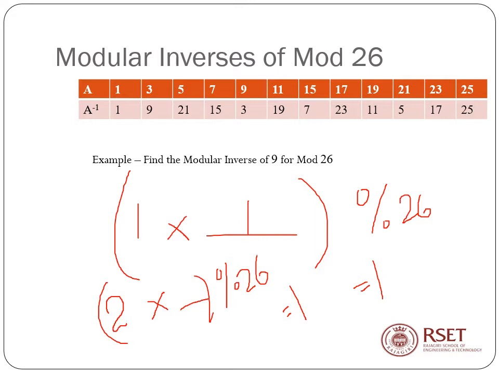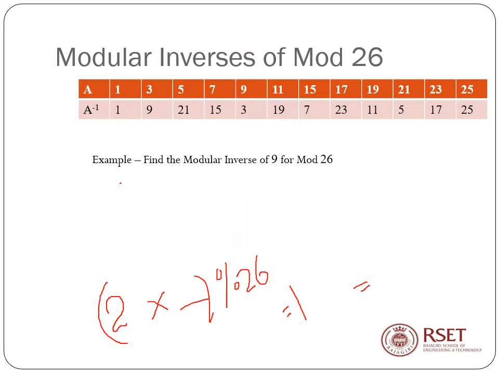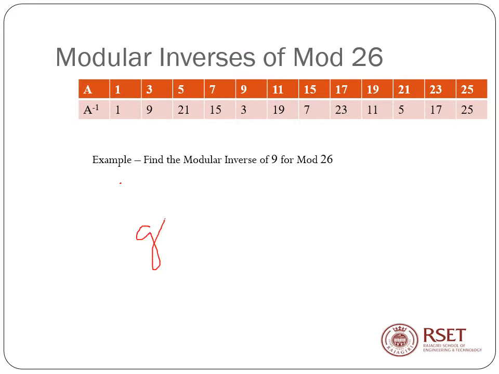That is why you can find a multiplicative inverse of A mod m only if the GCD of A and m is 1. So what is the GCD of 26 and 2? The greatest common divisor, is it 1? Are they relatively prime?